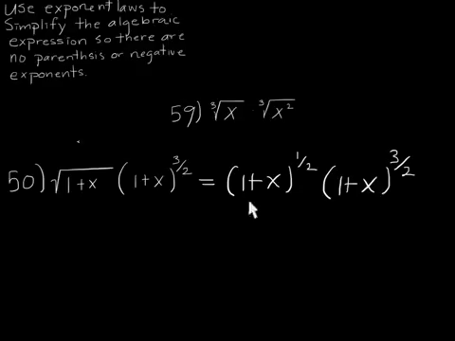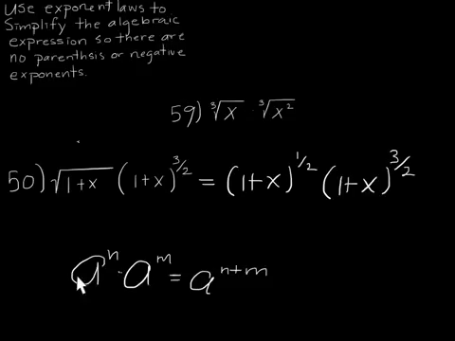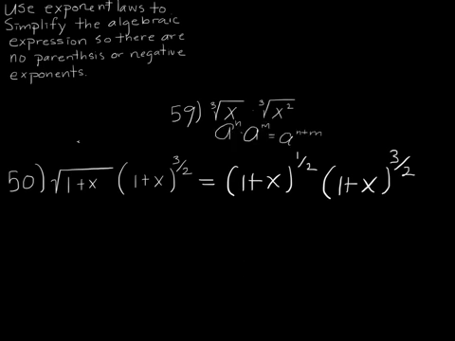Next, we would like to combine these two things, so we're going to make use of this rule, that if we have two things with the same base and we're multiplying them, then we simply have to add the exponents. And that's exactly what we have in this situation. We have x plus 1 as the base in both of these. So we can go ahead and add the exponents of these two things.